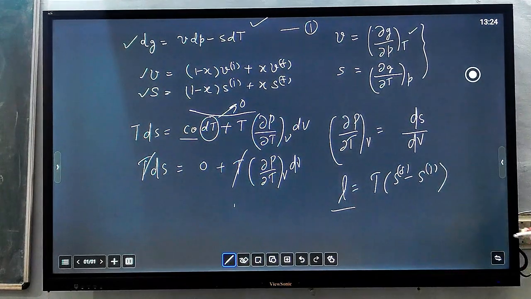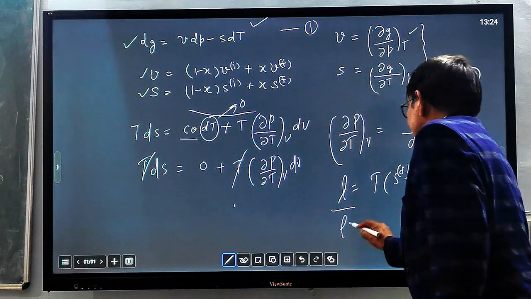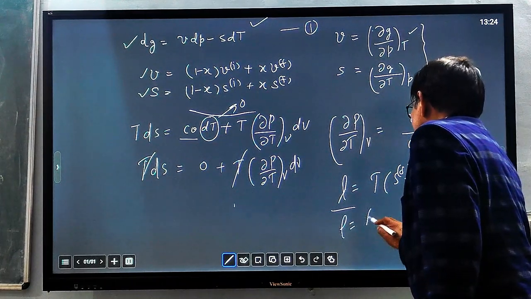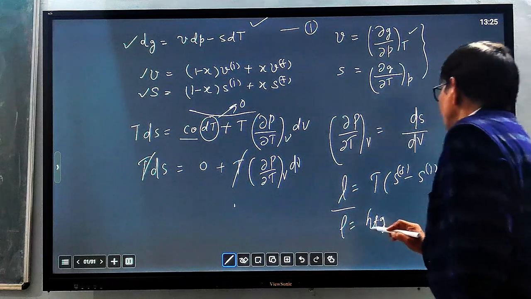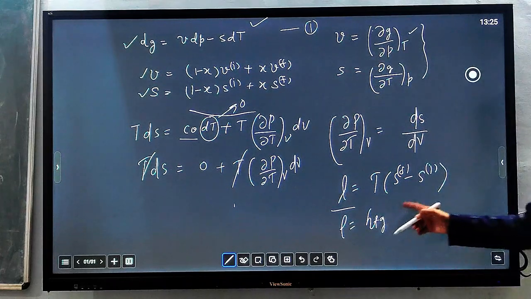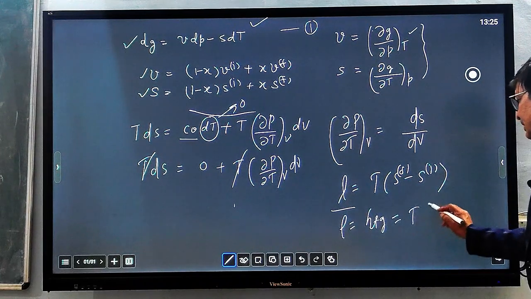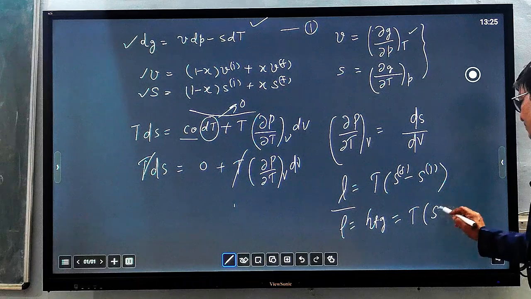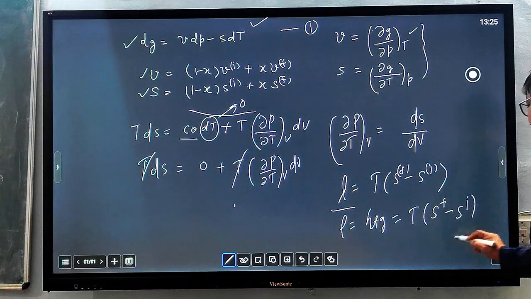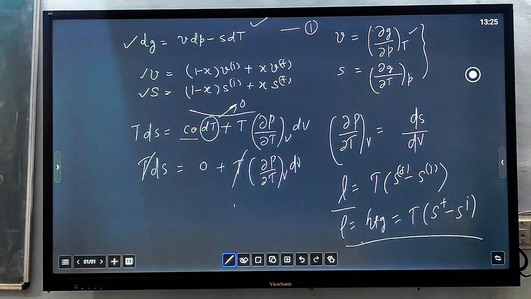So L can also be defined as HFG. If the phase transformation is from fluid to gas, then L equals HFG equals T times the change of entropy, SF minus SI. This can also be defined as the enthalpy of phase transformation.